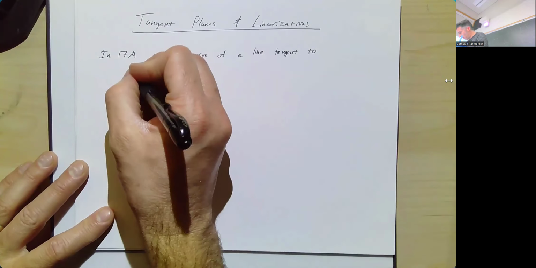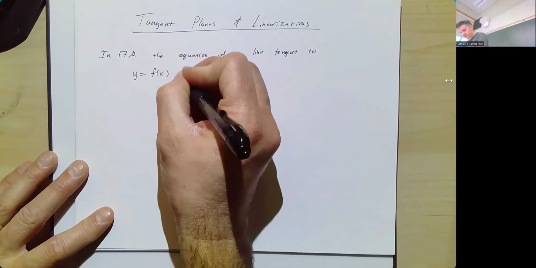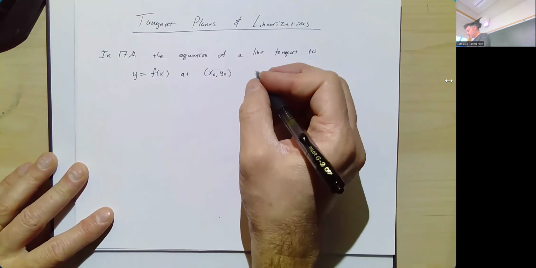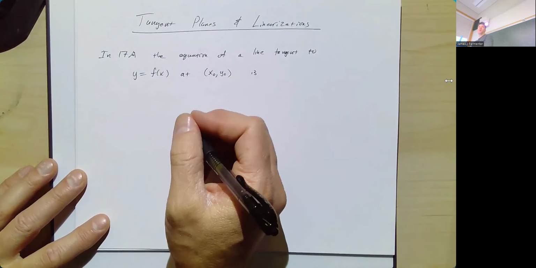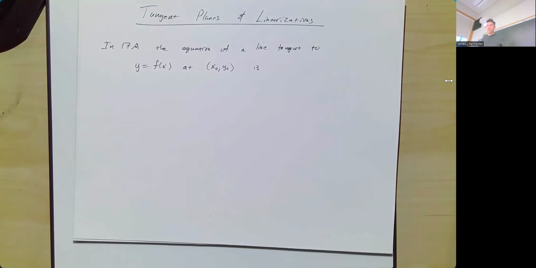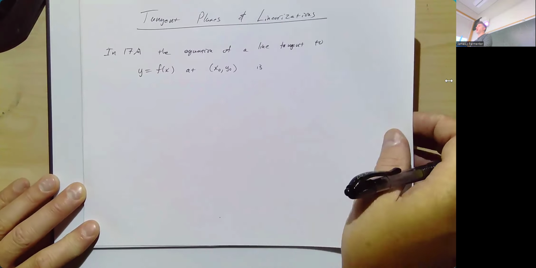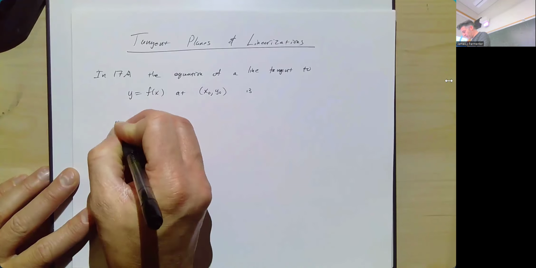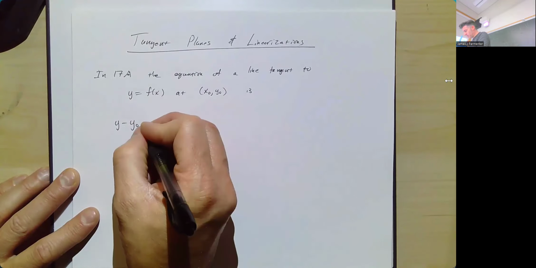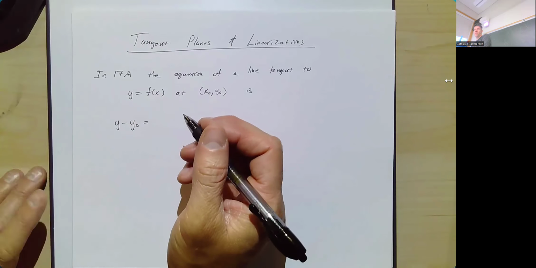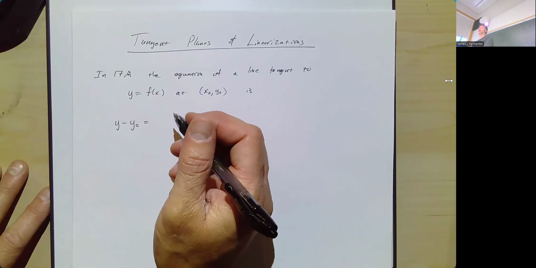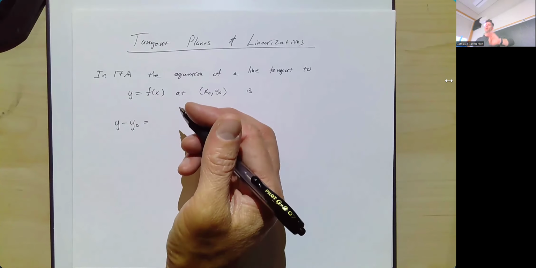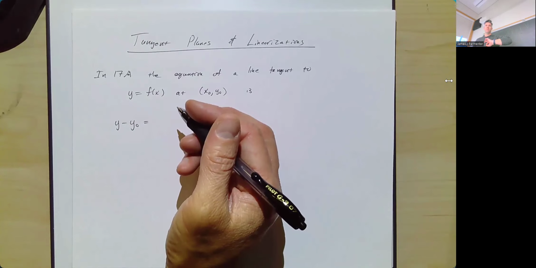to y equal to f of x at some point x naught, y naught. The way we often find the equation of a line is y minus the y coordinate equal to the slope. And how do you find the slope of a tangent line to a function at a particular point?